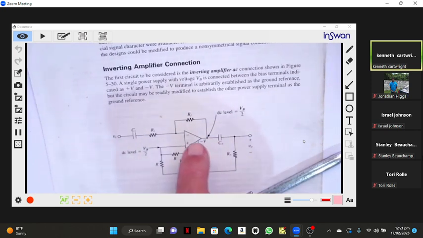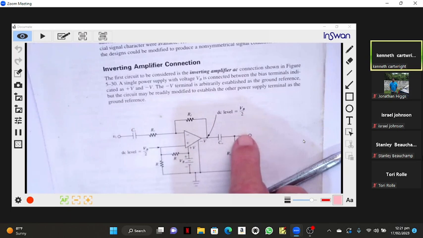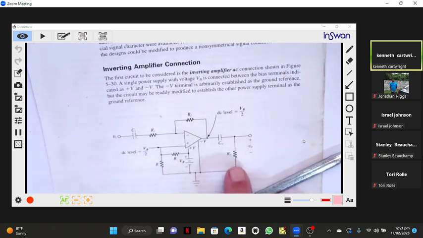What happens when I connect that directly to this output? That's RO. What happens? Nobody can tell me what happens?